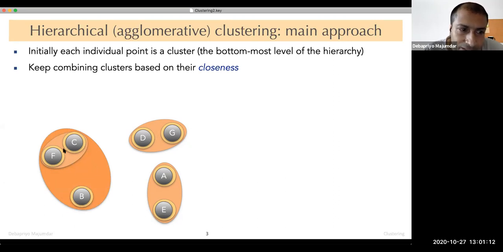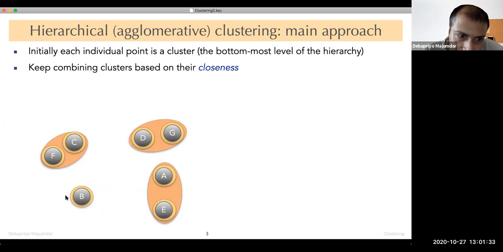So I have to delete CF to DG, CF to AE, and CF to B. Also, I have to delete B to DG, B to AE, and B to CF. So for this cluster CF, I have to delete order n distances from the queue, and for the other cluster also, I have to delete order n distances. Those are your obsolete distances.